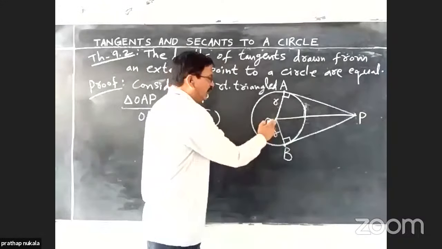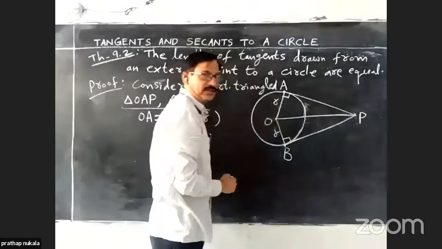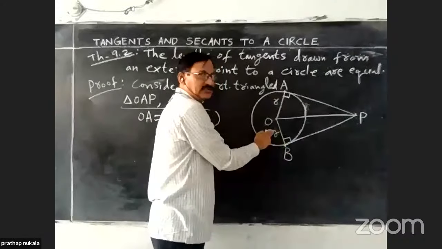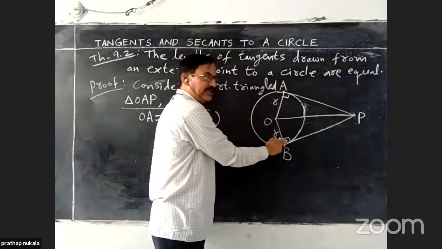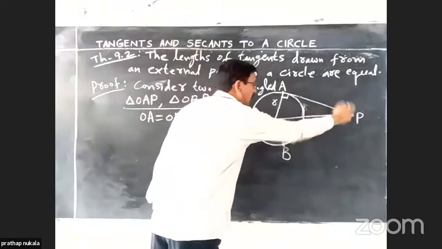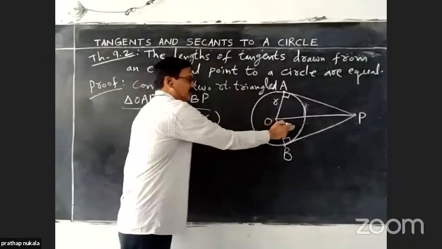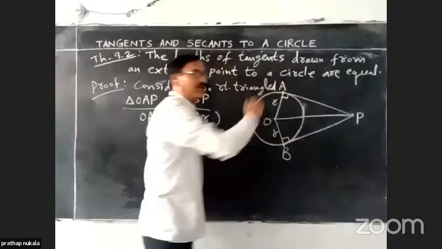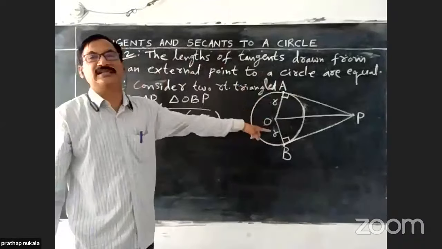In the same way, in the right angle triangle OBP, one is base and one is height, the sides containing the right angle. Then OP will be the hypotenuse of this triangle also. That means OP is the common hypotenuse of both the right triangles.